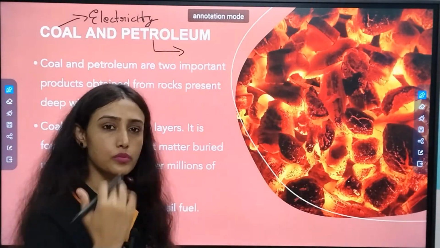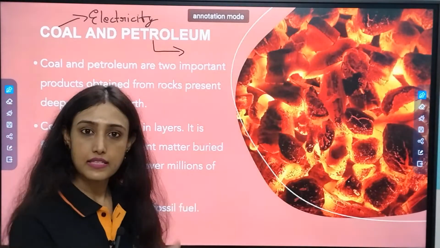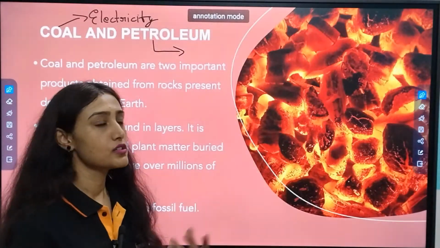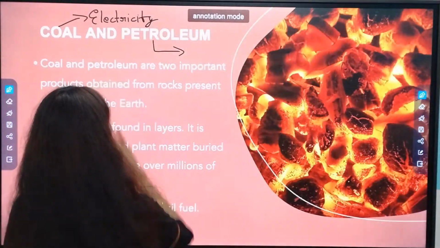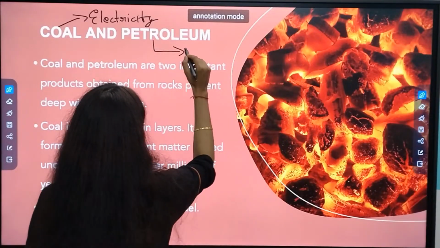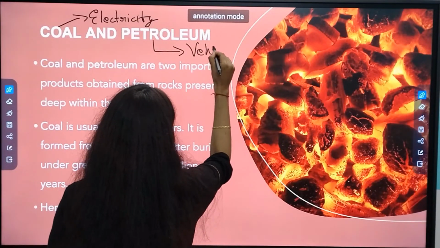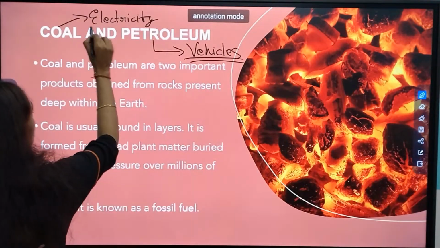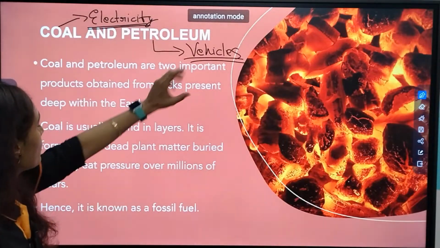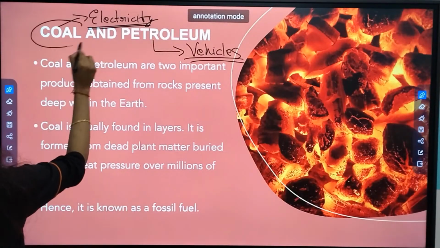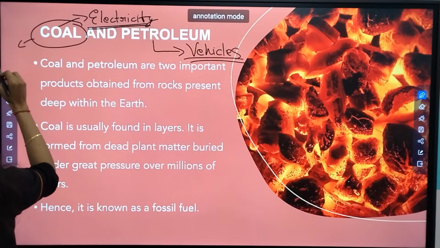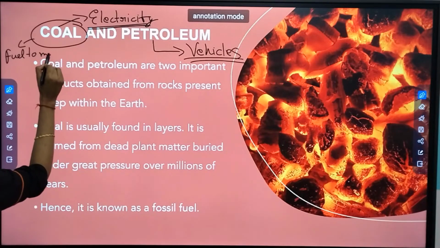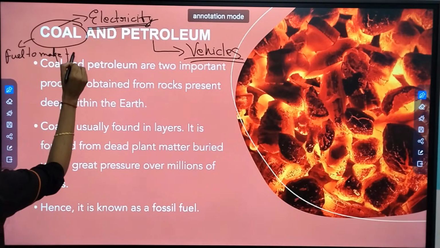Even on the road, you see all the buses, trucks, cars, bikes, scooties, everything run by what? They run by petrol. So they are used to run vehicles. This is how you come to know about coal and petroleum. Even coal in the villages is used as fuel to make food.